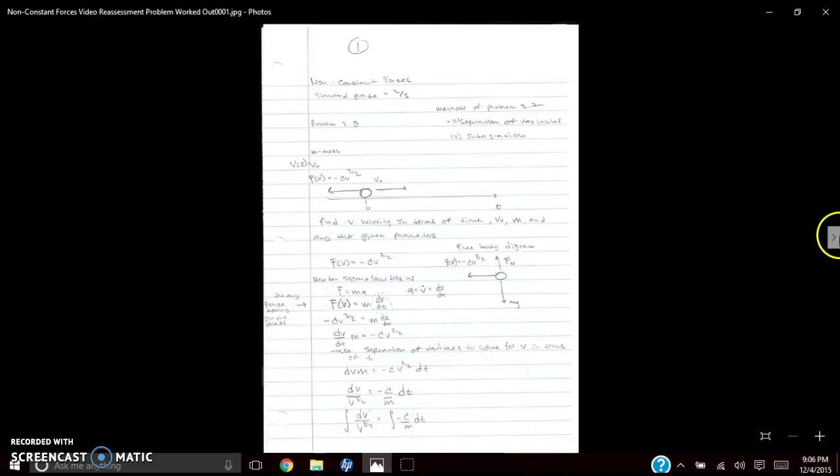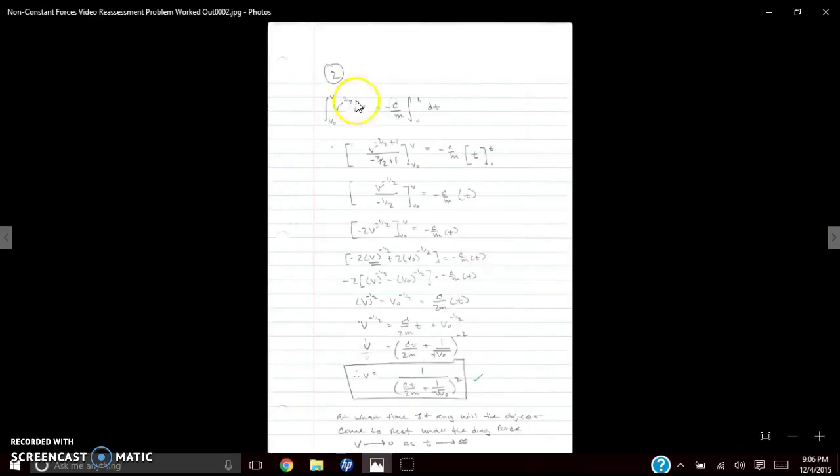Let's speed this up because I'm getting close to 5 minutes. Basically just integrating. My limits of integration are v naught to v, because the particle starts with velocity v naught and we're trying to find its velocity v.